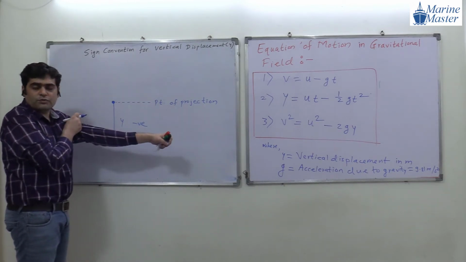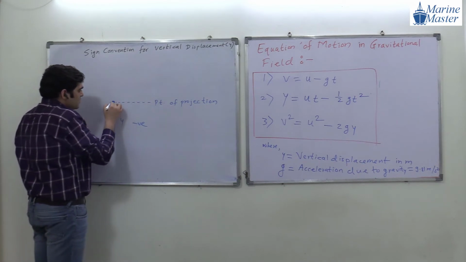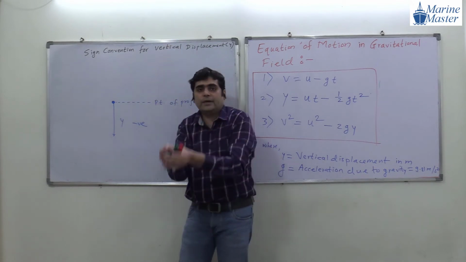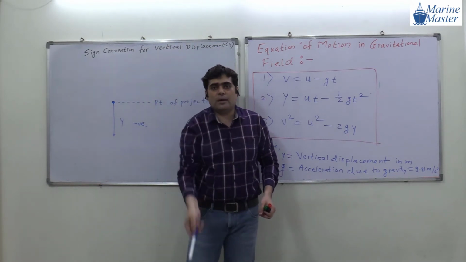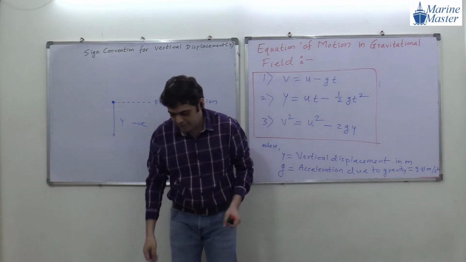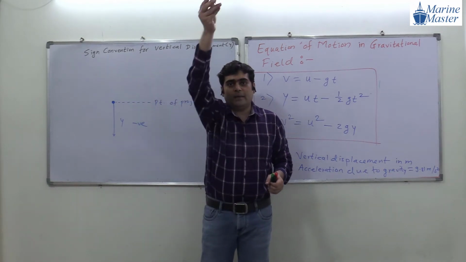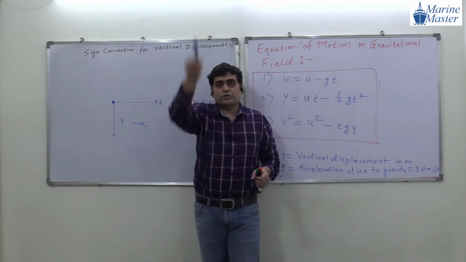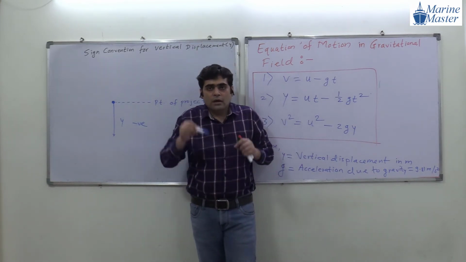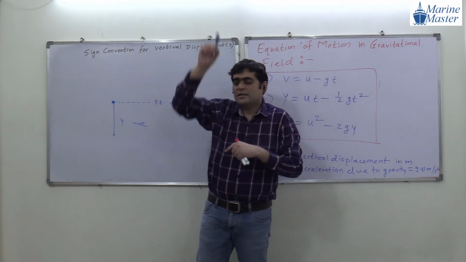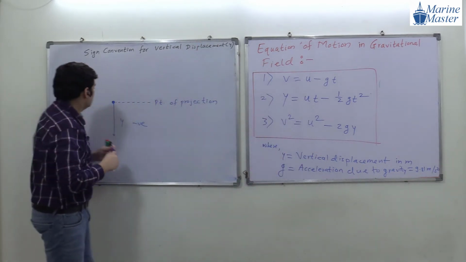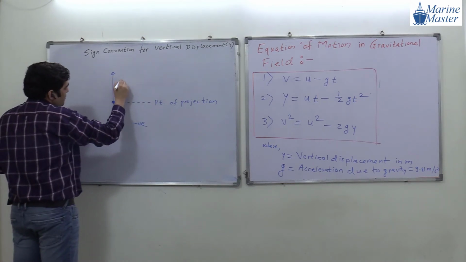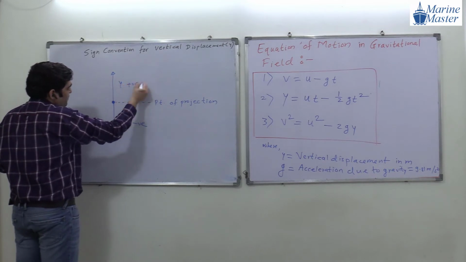Now if we are throwing the object above, see, this pen is going up above the point of projection. Everyone getting my point? It means in that scenario Y, the vertical displacement, will be positive.